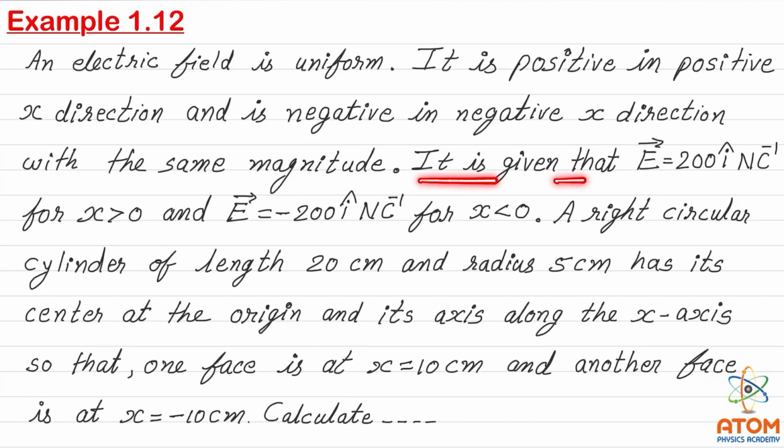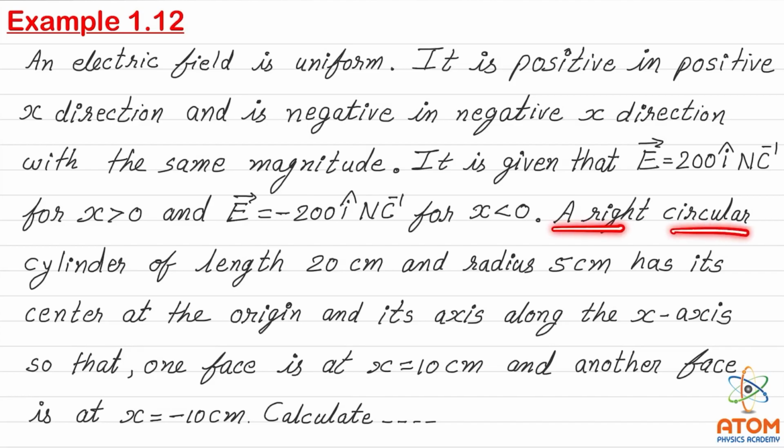It is given that electric field E is 200 i cap Newton per coulomb for x greater than 0 and E is equal to minus 200 i cap Newton per coulomb for x less than 0. That means in the positive direction of x, the electric field is positive, and in the negative direction of x, the electric field is negative, having the same magnitude.